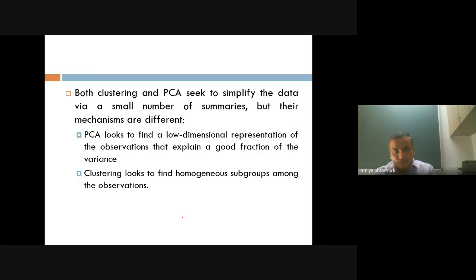Whereas in clustering there is also a lot of data, but we combine them into certain groups, and the groups represent the data. If we know information about that group, that is enough, since the distribution of that group is done for us. So clustering looks to find homogeneous subgroups among the observations, whereas PCA looks to find a low-dimensional representation of the observations that explains a good fraction of the variance.